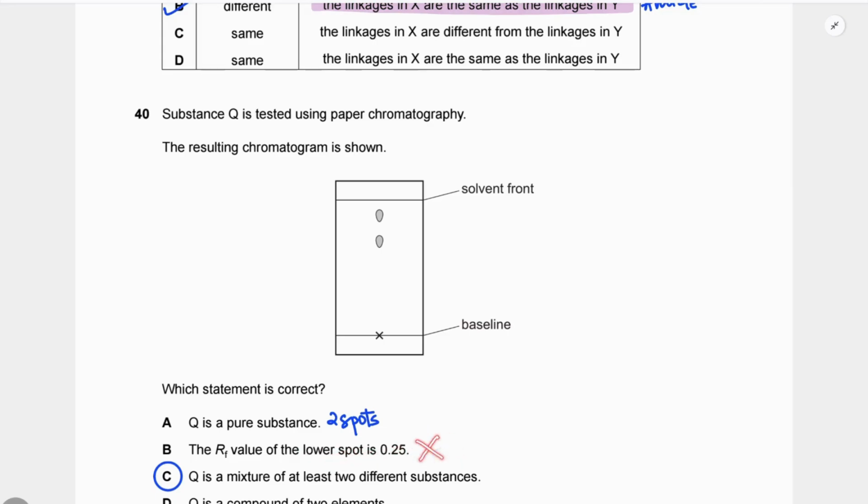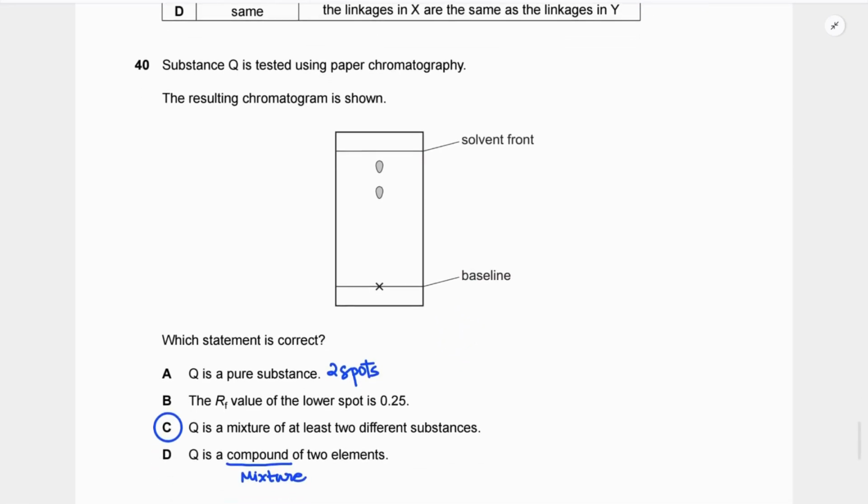No, there is no such condition or Rf values given for each spot. Q is a mixture of at least two different substances, which is correct. That is the reason we are getting two spots. Q is a compound of two elements. No, it's not a compound, it's a mixture. So the correct answer for 40 is C.